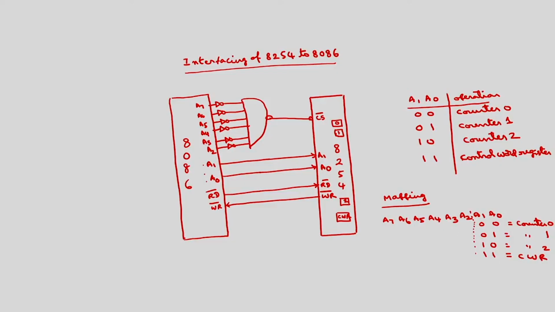Now this will be A1 A0. First of all you have to select the chip. After that, based on A1 A0 we can select counter 0, counter 1, counter 2 or the control register.